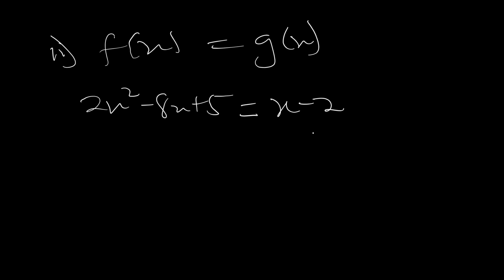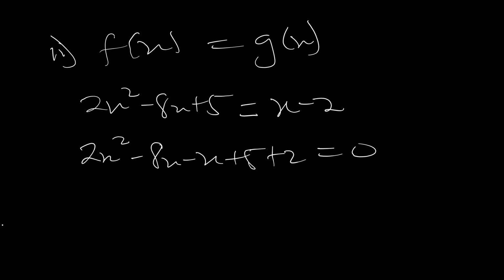Now when we move everything to the left hand side, we have 2x squared minus 8x minus x plus 5 plus 2 is equal to 0. Now when we simplify, we get 2x squared, negative 8x minus x is negative 9x, and then 5 plus 2 is 7. This will be equal to 0. So now we have a quadratic equation.